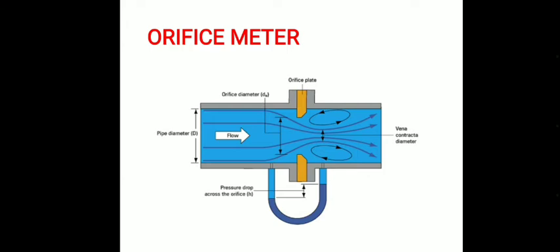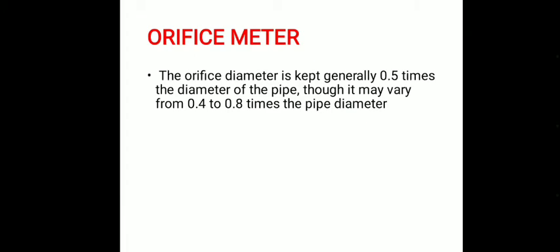Now keep in mind a new term: vena contracta is an area of flow having a minimum area. The orifice diameter is generally kept 0.5 times the diameter of the pipe, though it may vary from 0.4 to 0.8 times the pipe diameter.